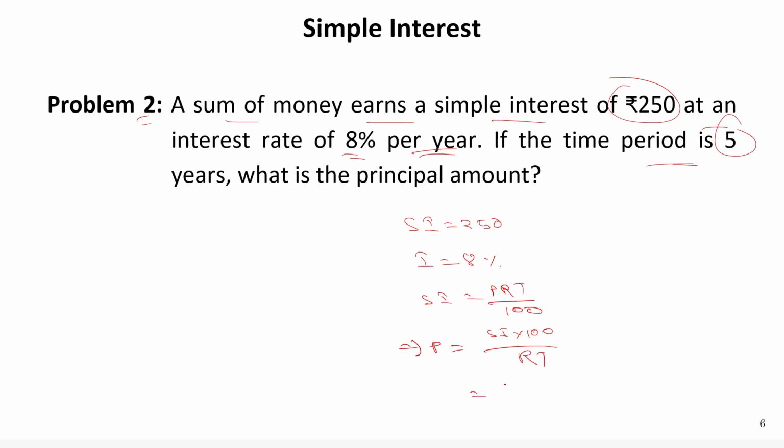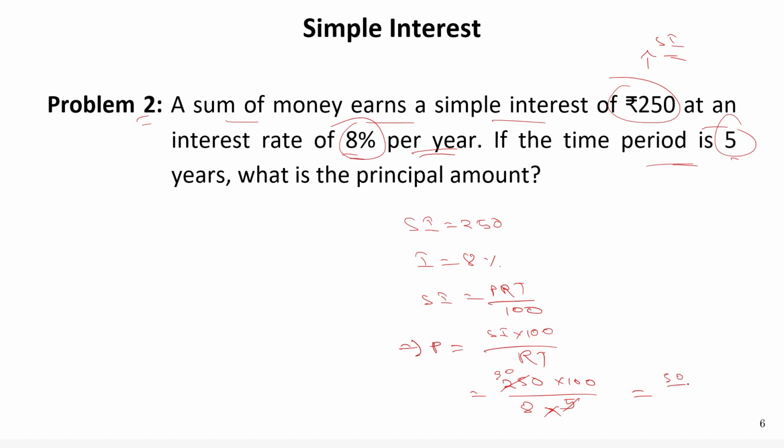SI is given to us as 250, into 100, whole by R into T. R is given as 8% per year, so R is equal to 8. T is 5. By dividing 250 by 5, we are left with 50.